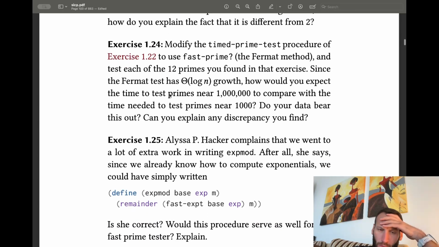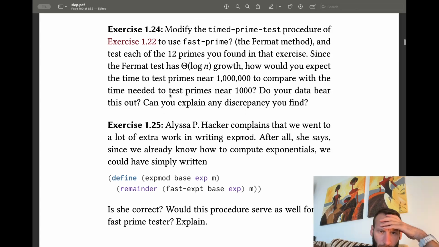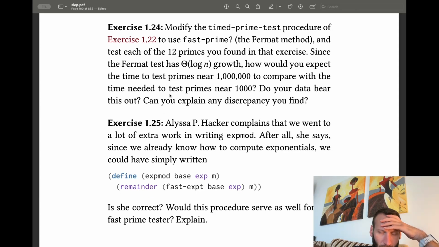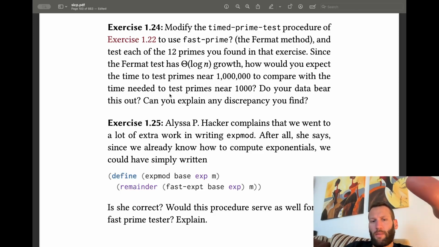Not sure I want to do these exercises because there is a lot of math and I'm not a great fan of this kind of math. Prime numbers, more in general, number theory.